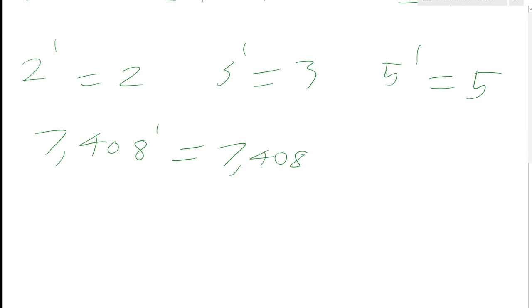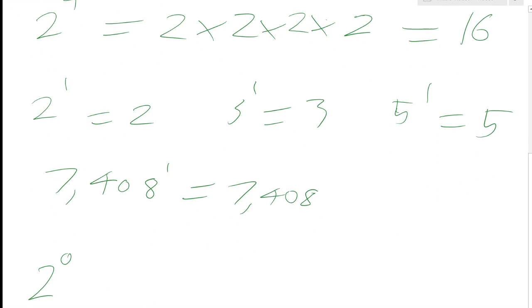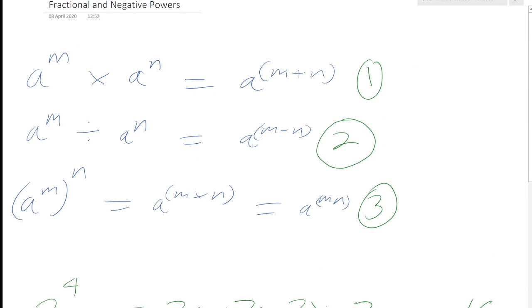Now, what about something like 2 to the 0? What is 2 to the 0? We have absolutely no idea. At the moment, we can't multiply something 0 times, but we do actually have a way of working it out using these three power laws, or more specifically, the first one, the top one.